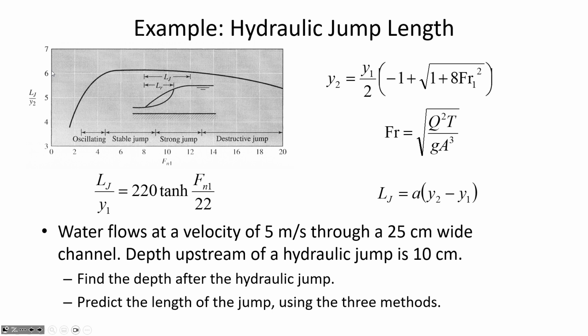Now we know y2, we just calculated that. So L sub j is 6.1 times the depth we just calculated of 0.667 meters. That tells us that the hydraulic jump length, according to the Bureau of Reclamation, 4.06 meters, would be the anticipated length of this hydraulic jump.